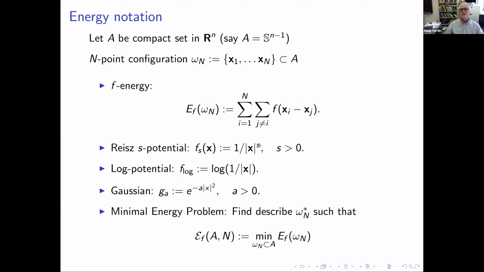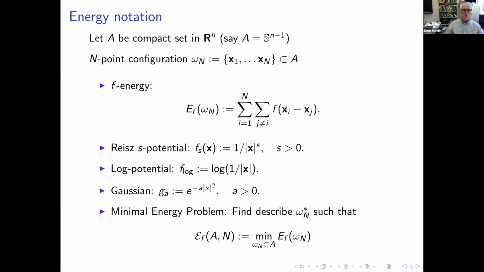As s goes to 0, this approaches the constant 1 for all x not 0. However, the term that's linear in s is the log of 1 over the modulus of x. So in that case, as s goes to 0, the relevant energy problem becomes the logarithmic kernel.